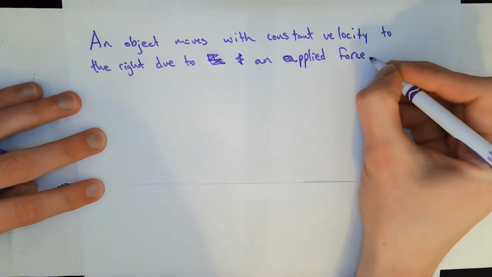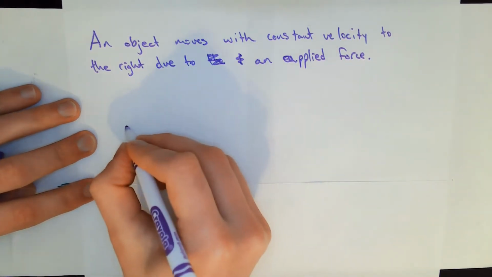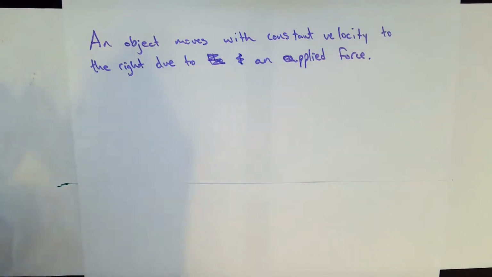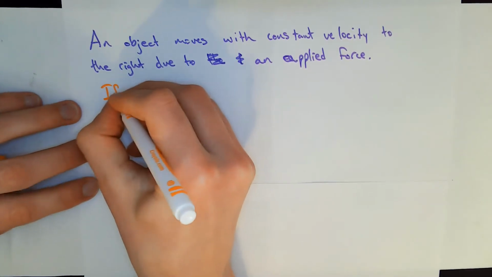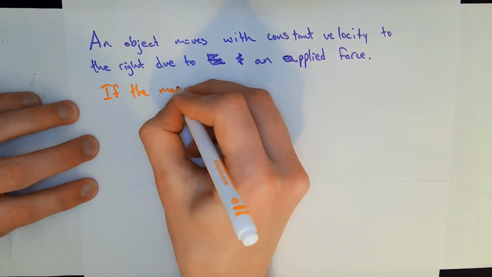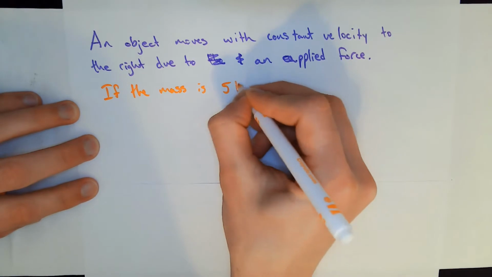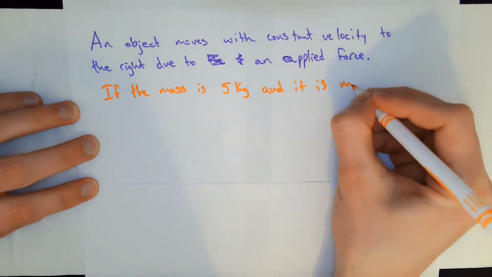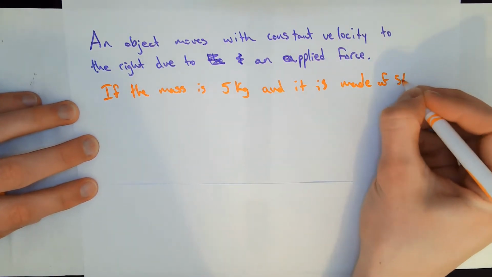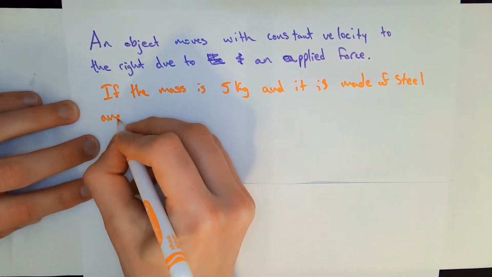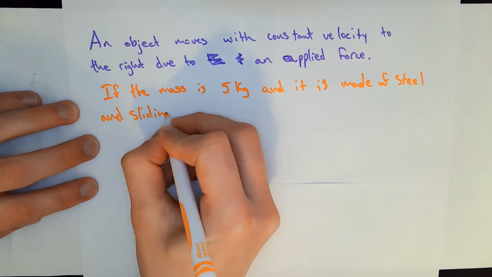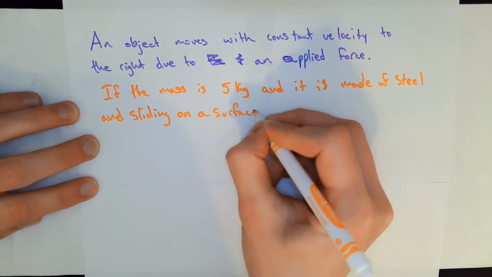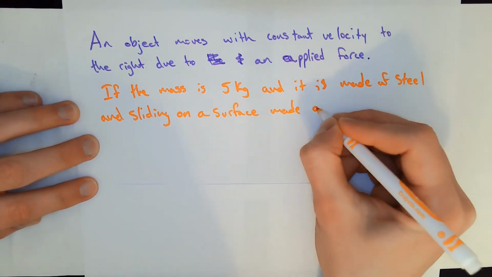Applied force. So we have, let's see, what question am I going to ask? If the mass is 5 kilograms, so it's the same mass, and it is made of the same material, steel, and this time it's sliding, it's actually moving on a surface made of aluminum.